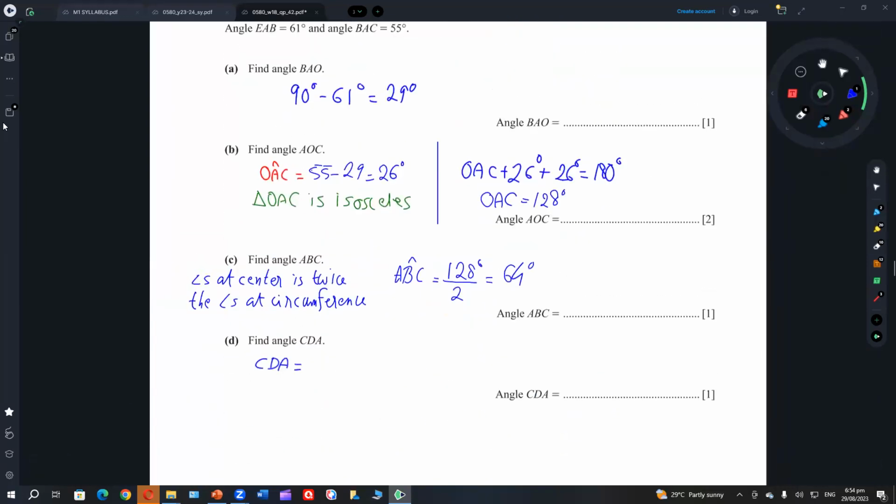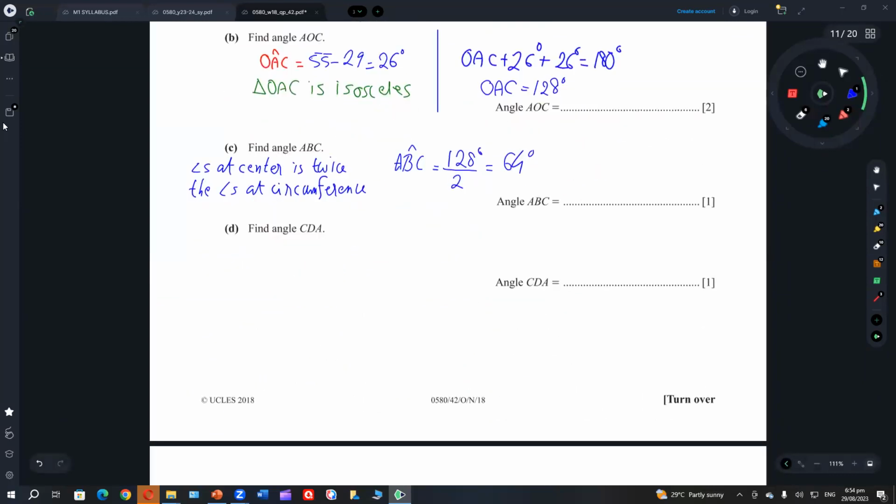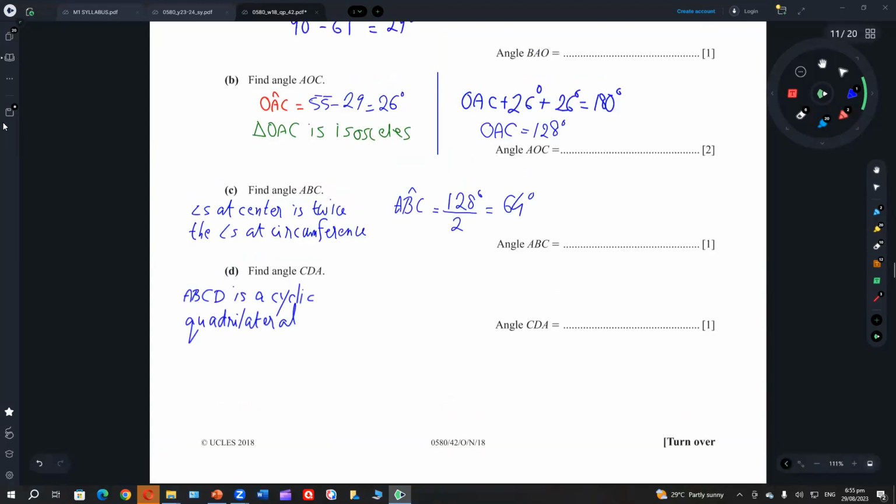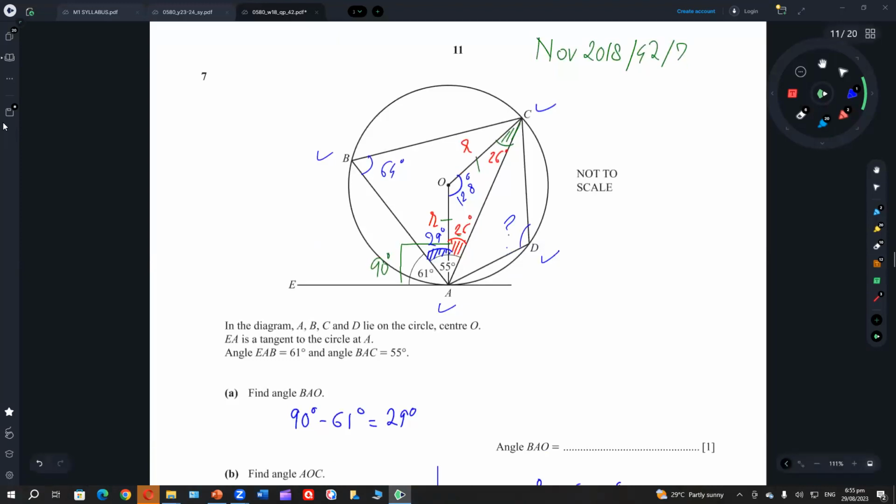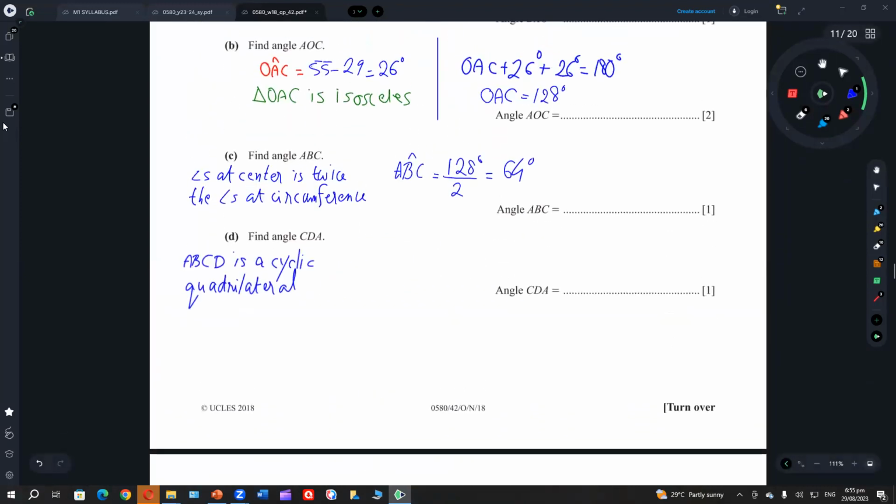So you will tell the examiner first that ABCD is a cyclic quadrilateral. So 64, the angle facing 64.